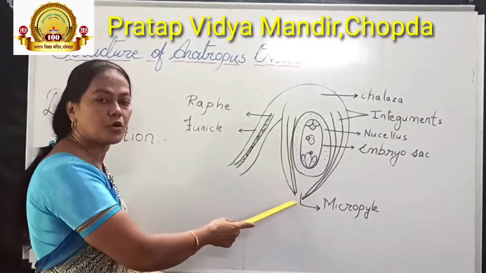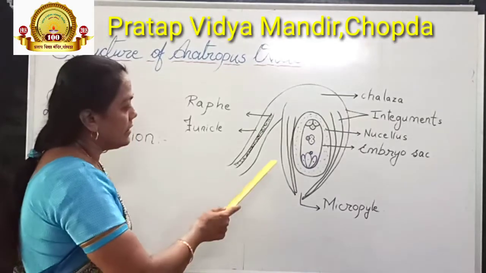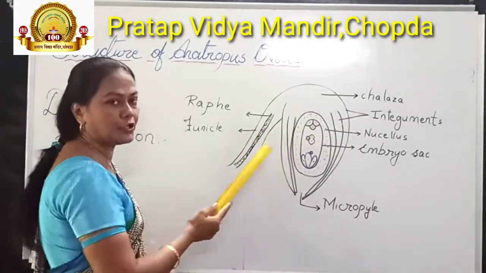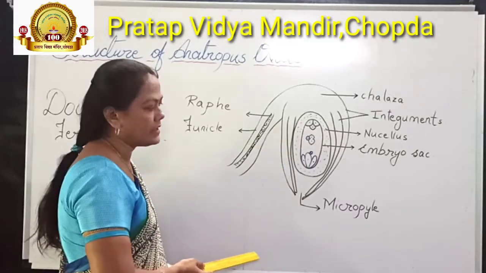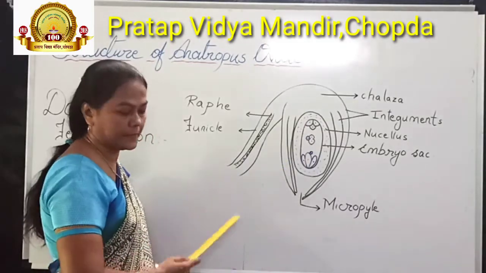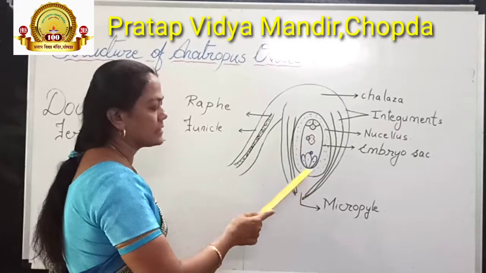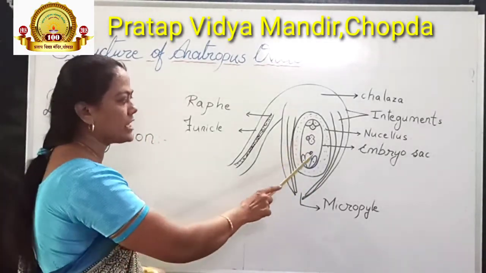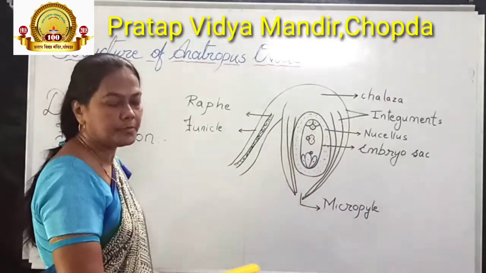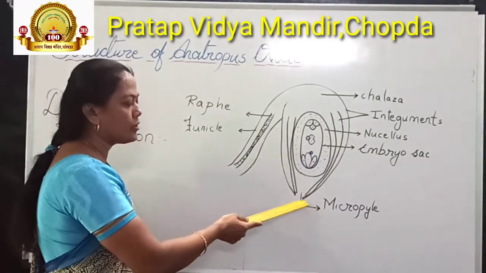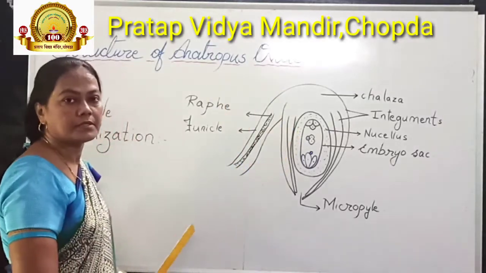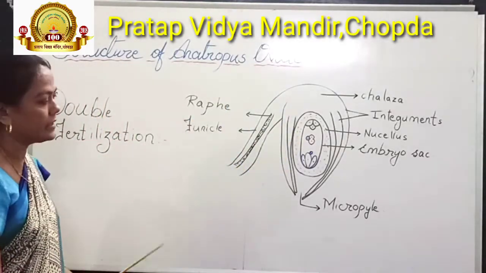So the process is called porogamy. The male gametes are brought by the pollen tube, that is a tube, and a tube is called siphon, and hence the process is also called siphonogamy, because it is carried by the tube. Porogamy because the tube enters through the pore into the embryo sac.